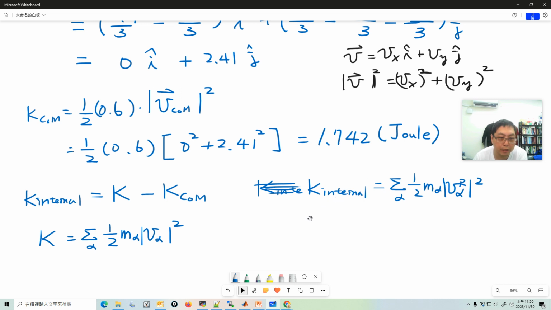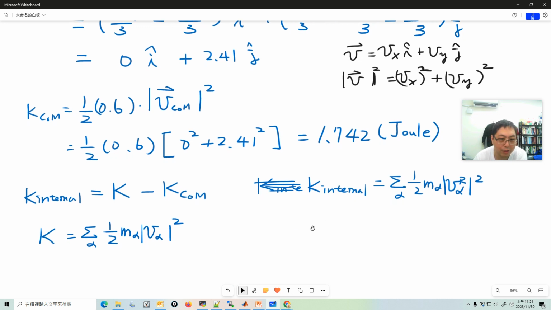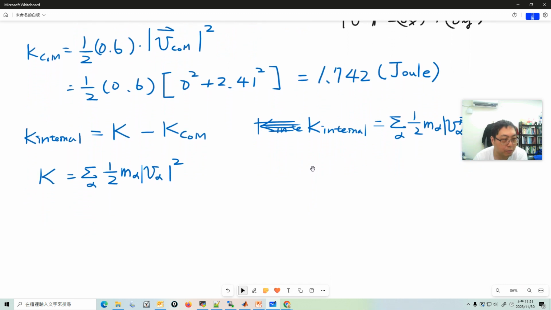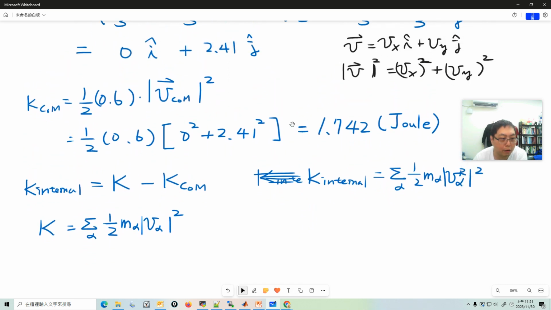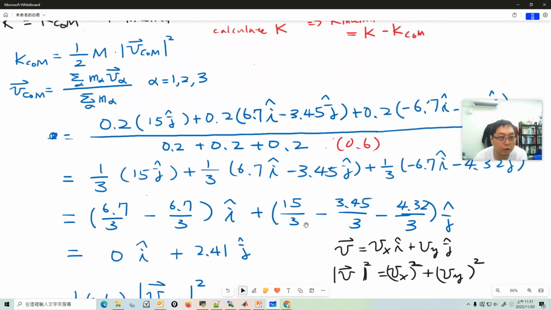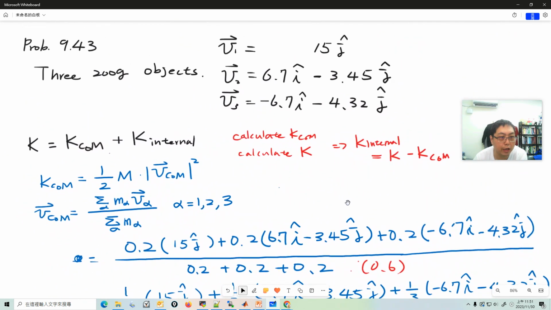In this problem, I go to the left: calculate the total energy of the system, then K minus K COM, and we get the internal kinetic energy. You can try yourself with the definition to check the answer, because I cannot do both, that would make the video too long. The problem already gives you the velocity vectors of these three objects.